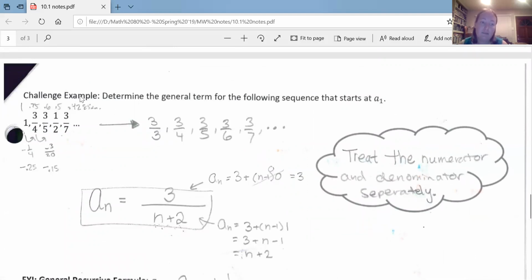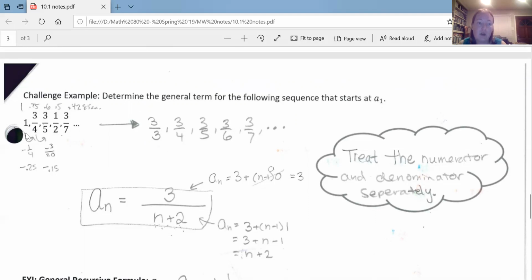This one's a little bit different. You might not be able to as easily determine the difference. You might see that there's these 3's up here, but it doesn't follow consistently. But if you rewrite this, maybe you can rewrite this with a 3. And it's 3 over 6. And then you would have 4, 5, 6, 7, and 3's on the top.